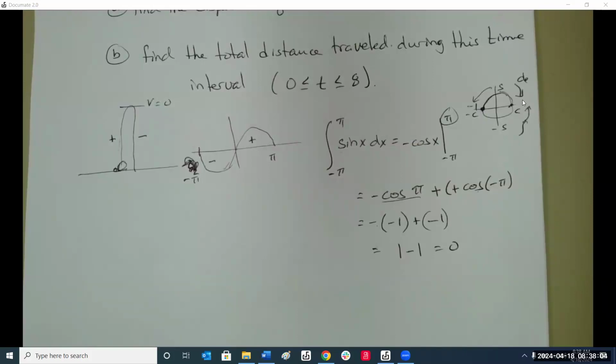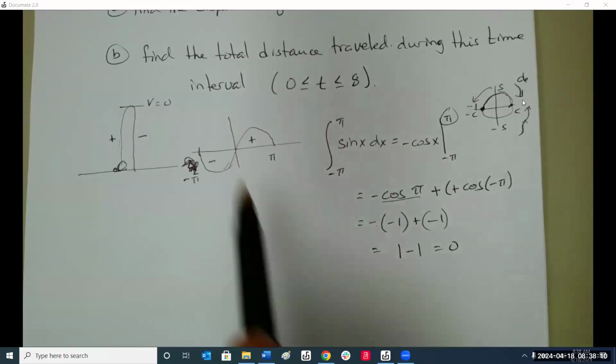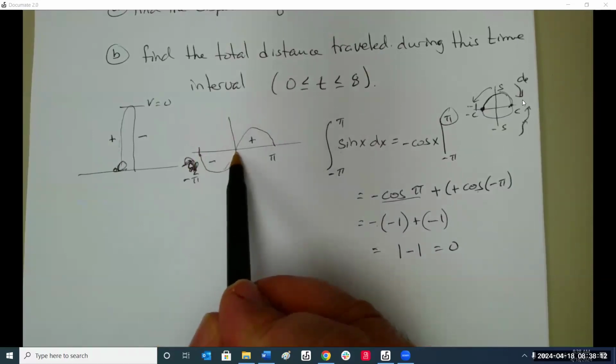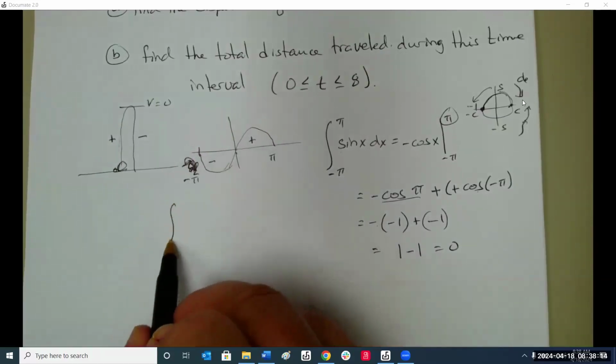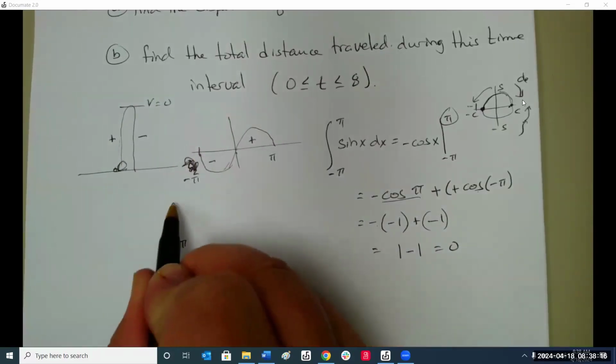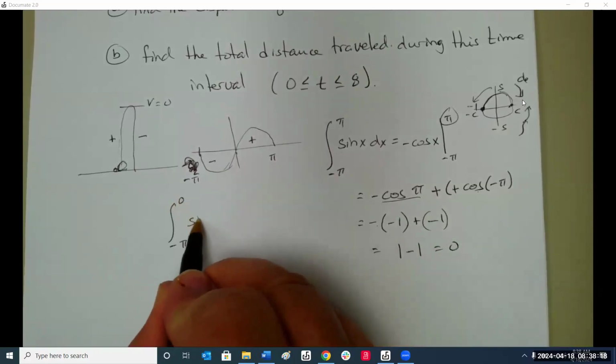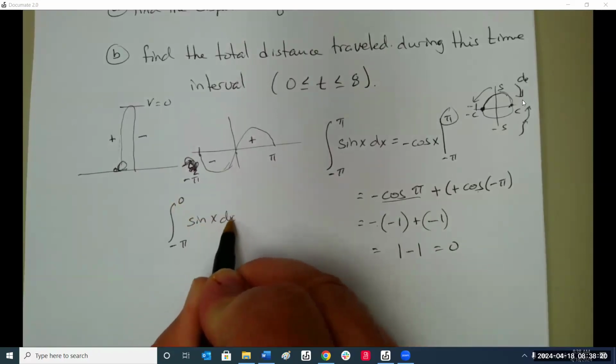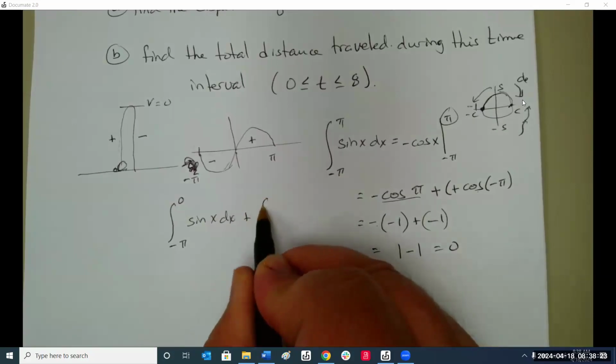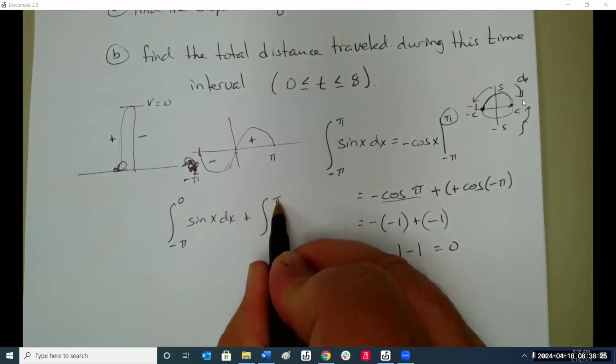You could do the absolute value, or you could do what else? No, you could do two parts. You can do an integral from negative pi to 0, and then add the next half, which is from 0 to pi.